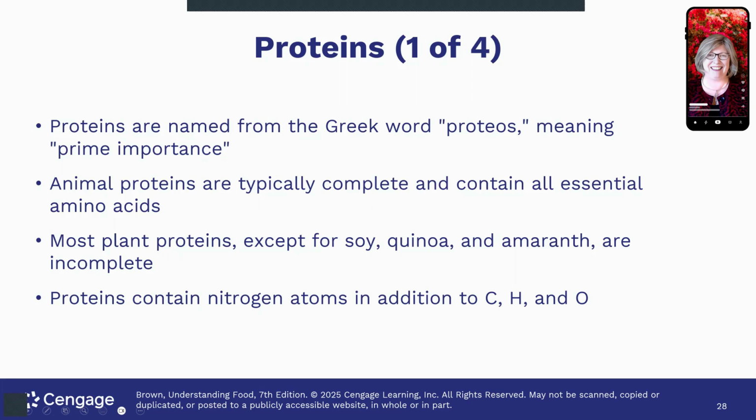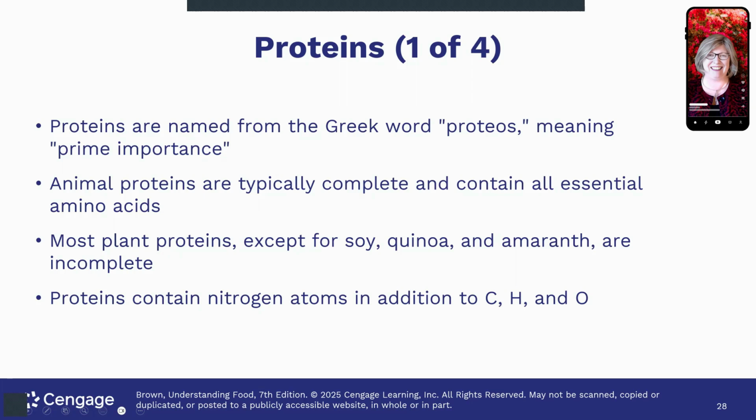And if you're going to use plants for protein, there are a couple that would qualify for complete protein. Thank goodness. There's soy, which you see tofu, and that's a choice a lot of vegetarians will use as a main dish.